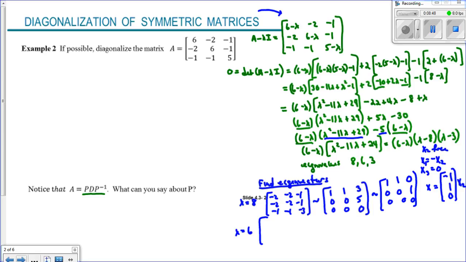So we'll have 0, okay, I'm going to take row 2, divide it by negative 2, and put it as row 1. Okay, and then I'll just put row 1 as row 2.